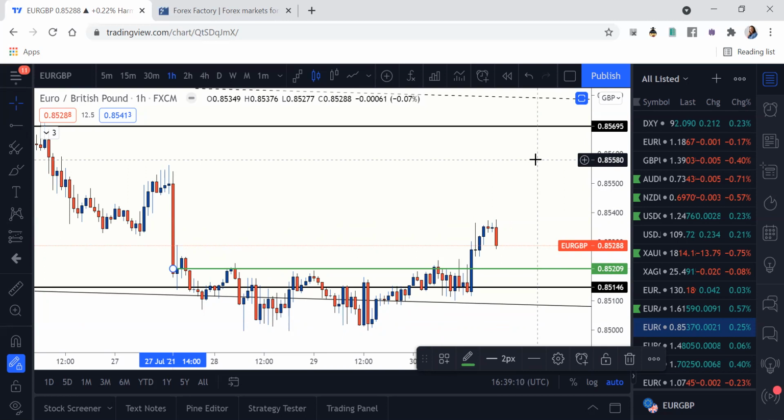I want to see price starting to give me some strength to the upside. And once price gives me that shift, I want it to break the current resistance zone that it was in. So this would have been the resistance zone. Every time price came up here, it reversed. Stopped. Paused.